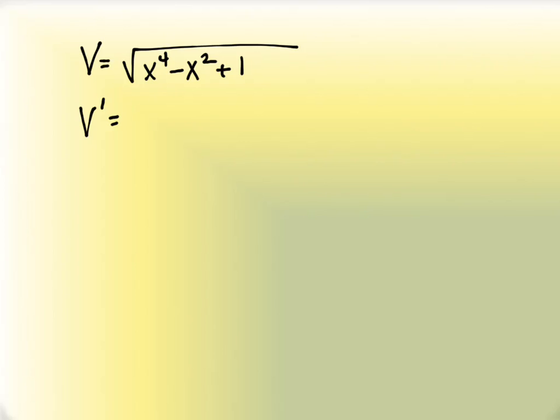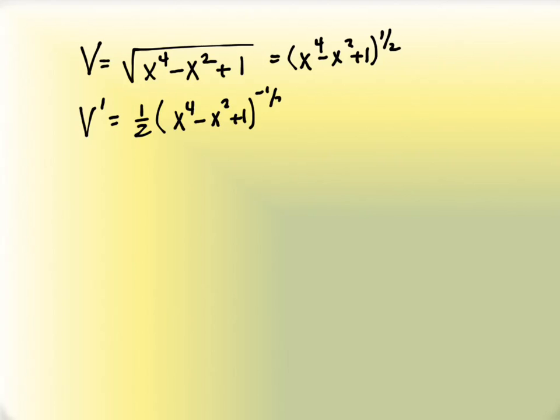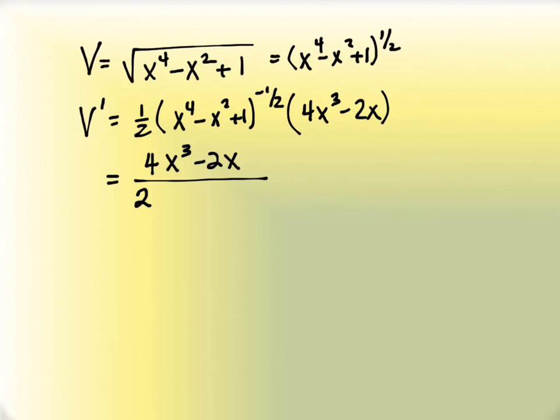All right, so let's take this derivative. This is to the power 1/2. So we can think about it that way anyway. So I've got 1/2 times x to the 4th minus x squared plus 1 to the negative 1/2. What's the derivative of the inside? 4x cubed minus 2x. Excellent. So if I set this in a fractional form again instead, I've got 4x cubed minus 2x over, I've got a 2 down here because of the 1/2 in front, and I've got a square root of x to the 4th minus x squared plus 1.